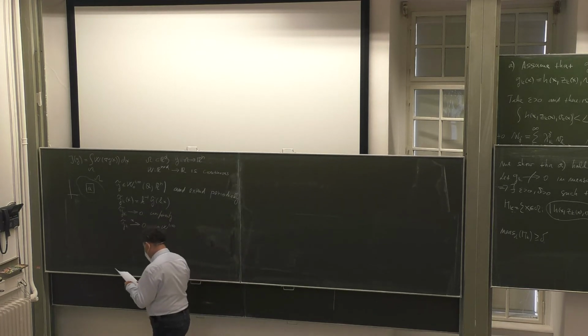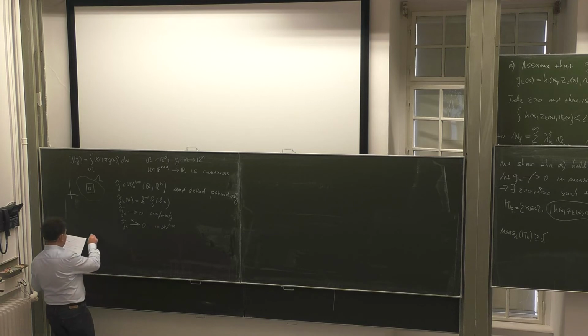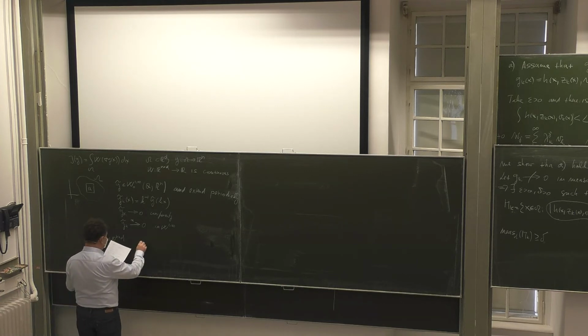So now we take a matrix A in R n times d, arbitrary, fixed, arbitrary matrix, and we define a sequence yk the following way.